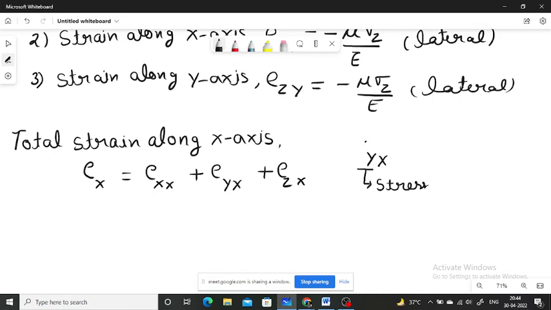So here in Eyx, y is for stress and x suffix is axis.